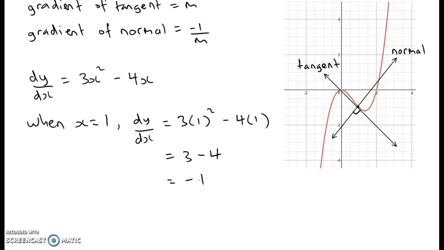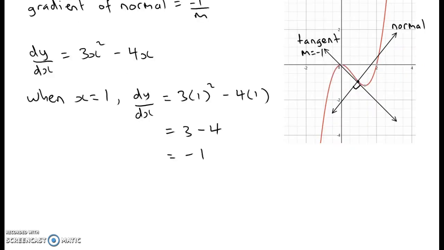So we know that the gradient of the tangent is -1. But we want the equation of the normal, and therefore the gradient of the normal.